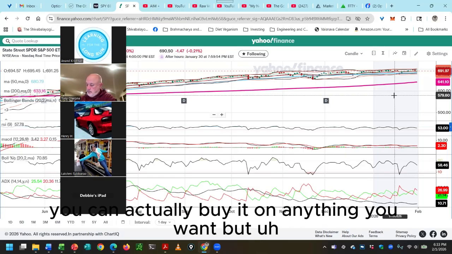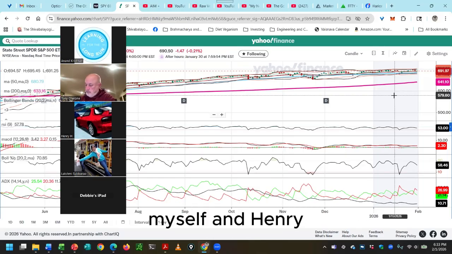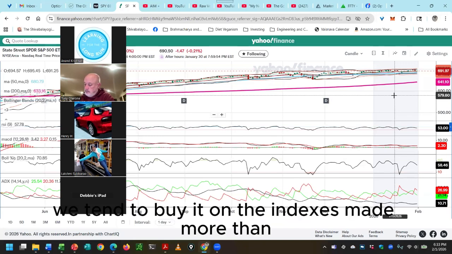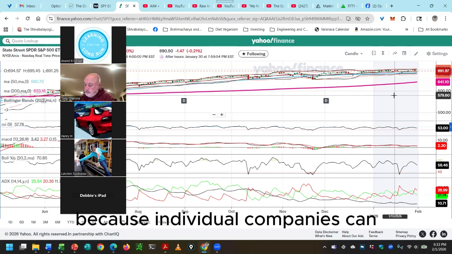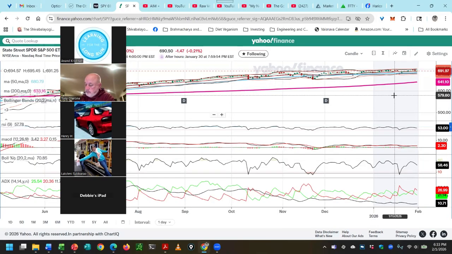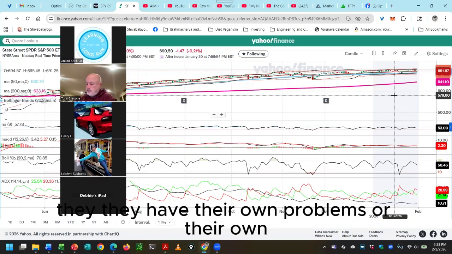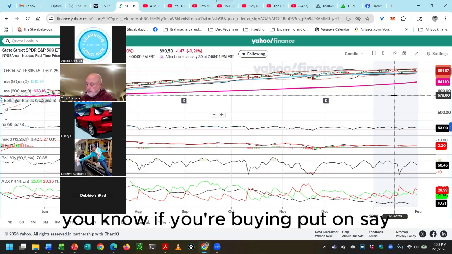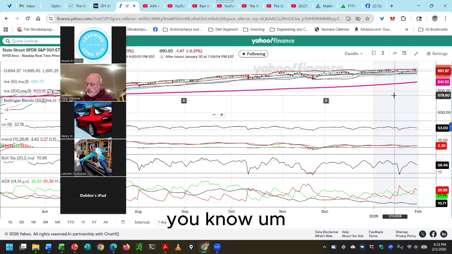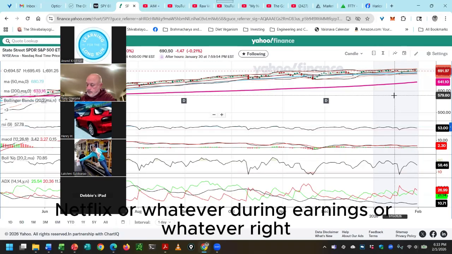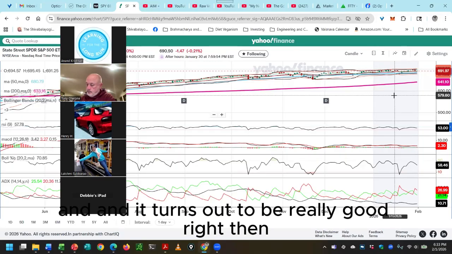You can actually buy it on anything you want, but myself and Henry, we tend to buy it on the indexes, because individual companies can go up or down on their own news. They get their own events and their own problems. If you're buying a put on, say, Netflix during earnings, and it turns out to be really good, right?